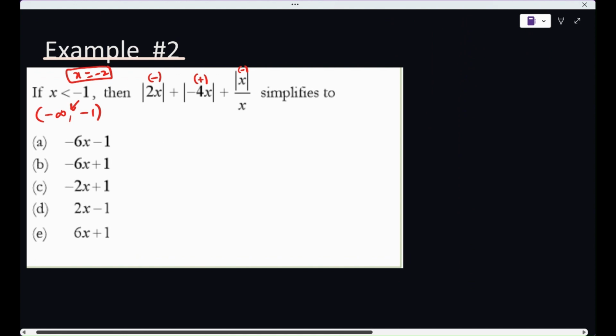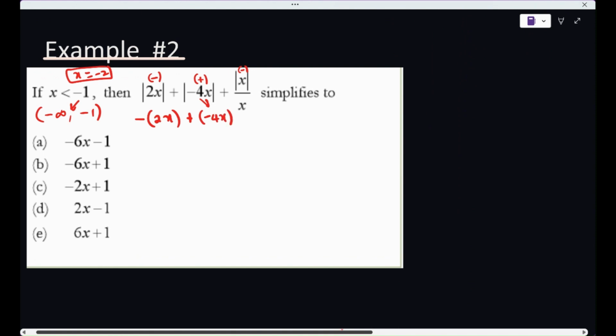So now we use the definition of an absolute value. Since this is minus here, this minus has to come down. So it's going to be -2x plus. Now here is plus. Since it's plus, we're just going to bring out our a, which is just -4x.